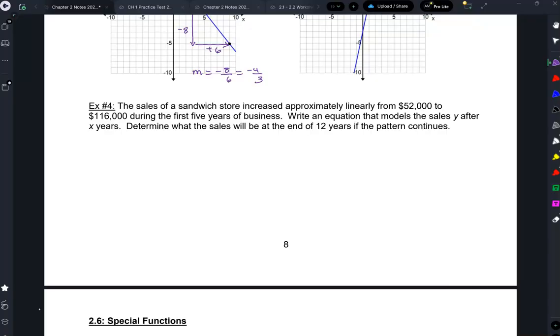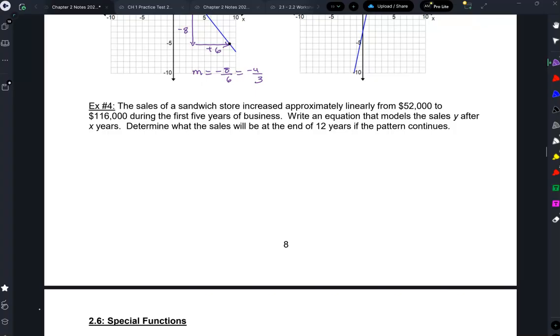All right, now let's do this one. The sales of a sandwich store increased approximately linearly from 52,000 to 116,000 during the first 5 years of business, right? So at the end of the first year, when the business was a year old, it had made 52,000.